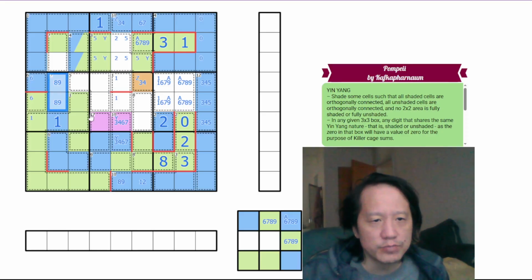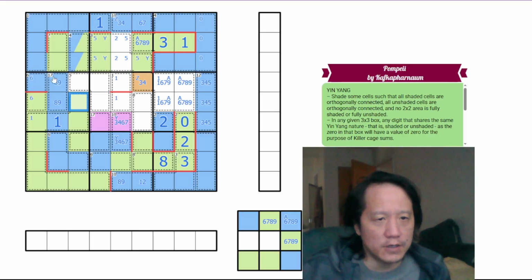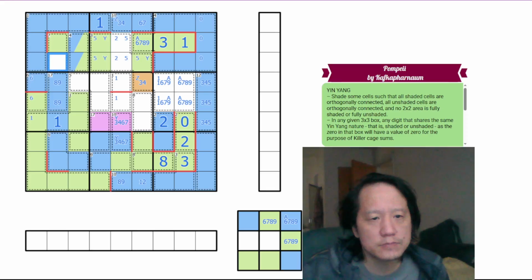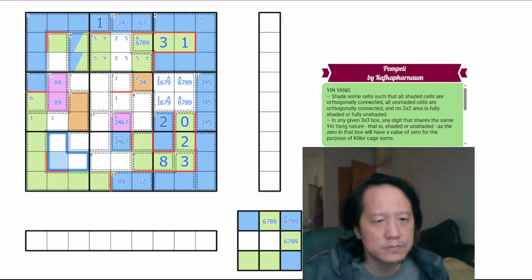So this would be 2 blue. We have 3 blues there. This would be green. Cannot be 1-7. We have a guaranteed 4 here.